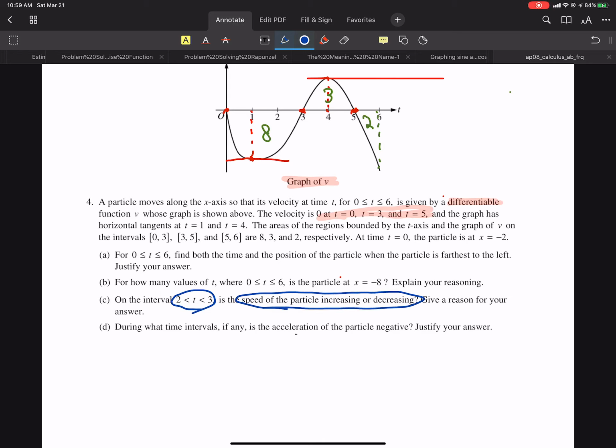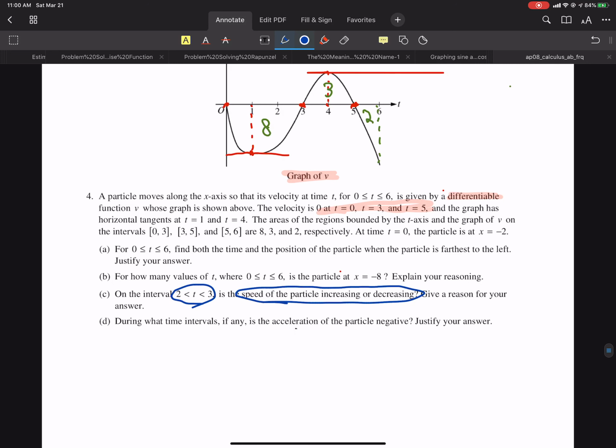You guys should know the justification for speed increasing or decreasing. The speed will increase if the velocity and acceleration have the same sign, and the speed will be decreasing if the velocity and acceleration have the opposite signs. You have to know that.